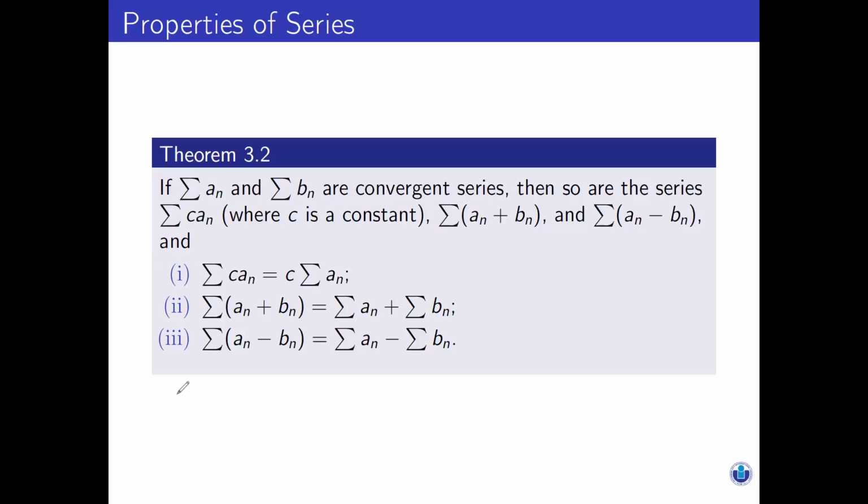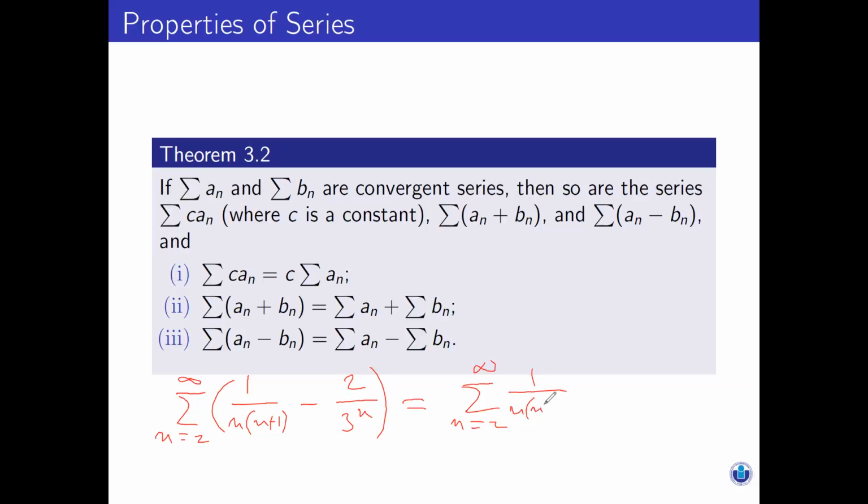So for example, if you have this series, the sum from n equals 2 of 1 over 3 to the n minus 2 over n, you can compute this, because you realize that this is a combination of two convergent series, so you can split it into two parts like this.